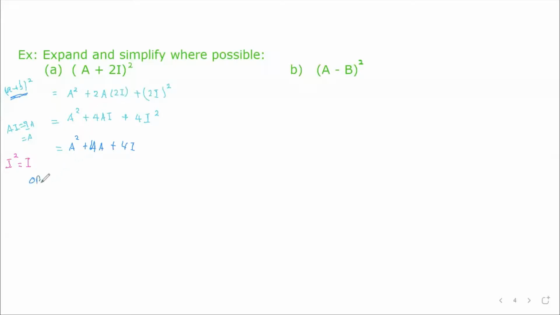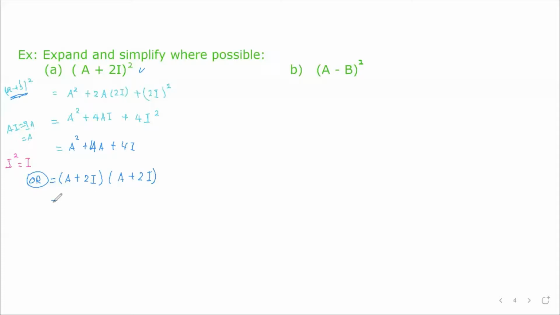Otherwise, we can do it from the question, right? (A plus 2I) the whole thing power 2, we can write down as (A plus 2I) times (A plus 2I). Okay, and then you can use the prefix multiplication.